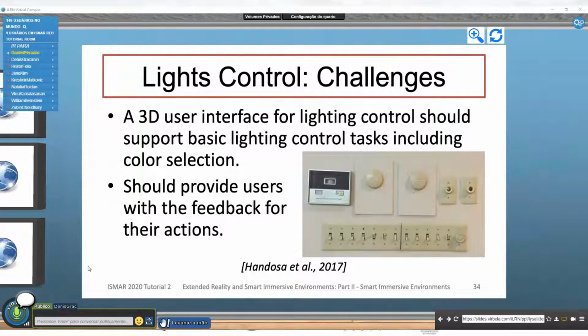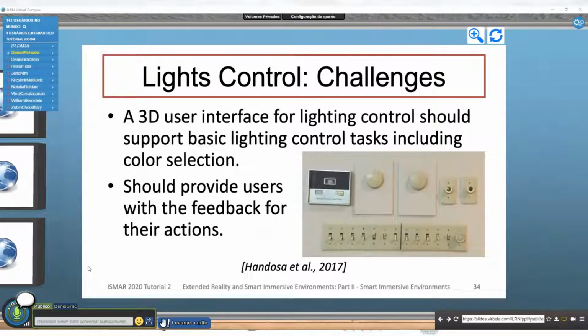And so what we really want to do is provide a user interface that will allow us to control lighting based on context and embodiment. Therefore, a user should have immediate feedback for their actions, because these switches may control lights that are not visible from that point of view.